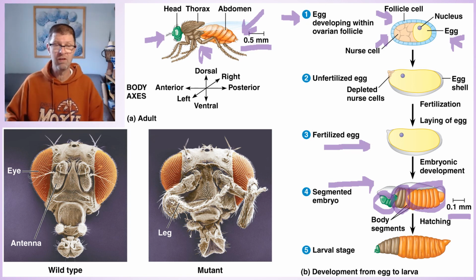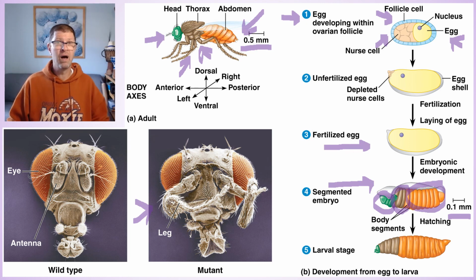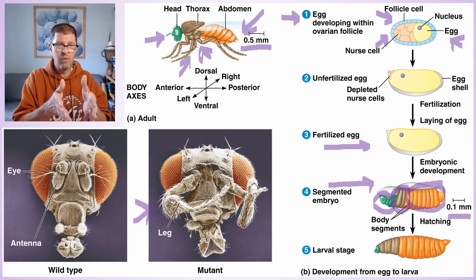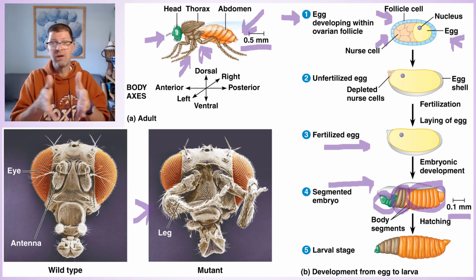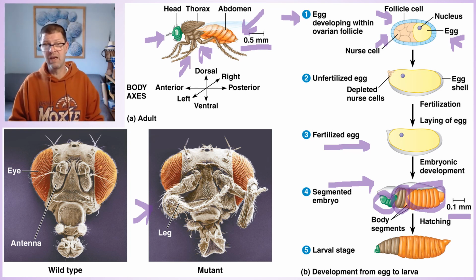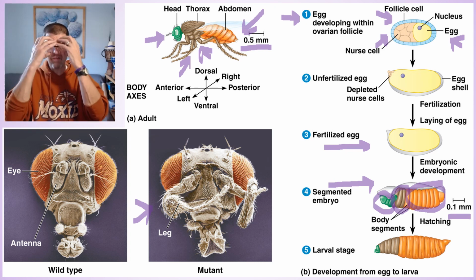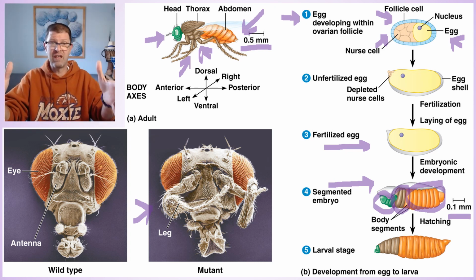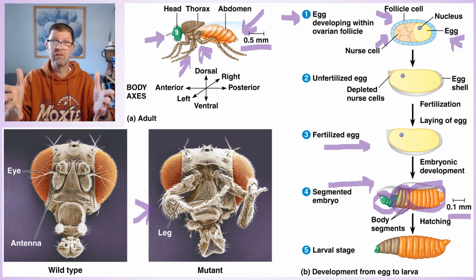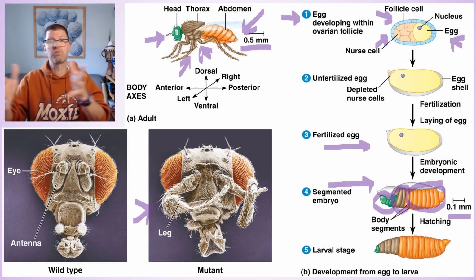Well, in this case, we have taken a gene that is expressed in order to create a limb, a leg off of the thorax of the body, and it has become expressed in the head area around the formation of the antenna. On the left, we have a regular fruit fly head, and on the right, we have a mutant fruit fly head, where in fact, instead of growing antenna out of its face, it has grown legs because the wrong gene is being expressed in the wrong place.